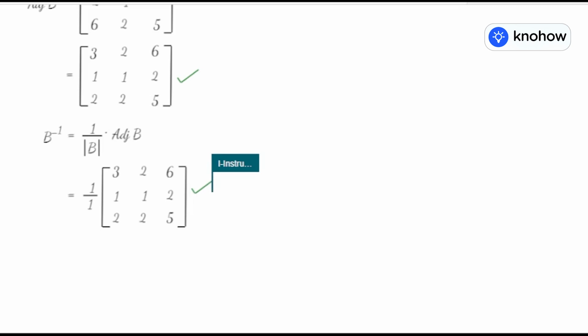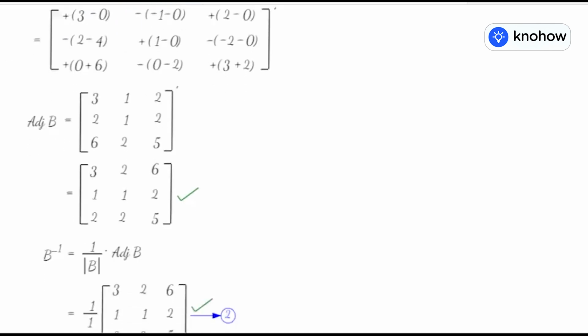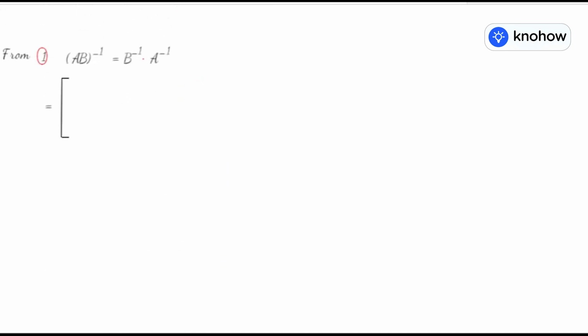And now let us substitute it in 1. So you get from 1, the required (AB) inverse is B inverse into A inverse. Get the value of B inverse from second. So what is the value of B inverse which we have worked out in second?